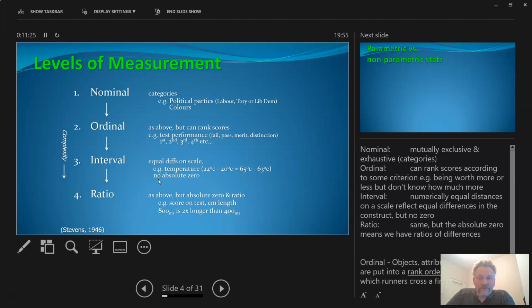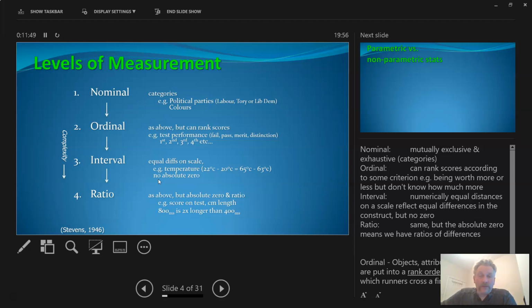So for instance, the 2 degree difference between 22 degrees and 20 degrees is exactly the same as the difference between 65 and 63. It's the same scale up and down. But one of the drawbacks of an interval level measure is that there is no true zero.